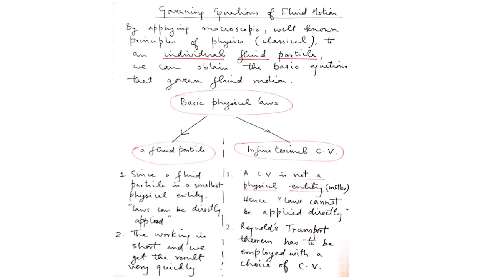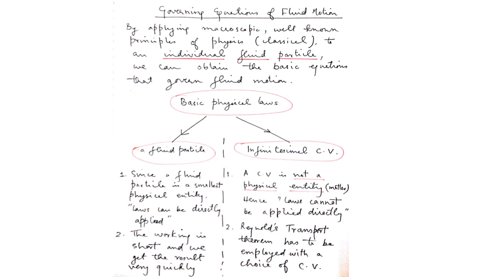So the governing equations of fluid motion can always be obtained by applying macroscopic, well-known principles of physics, or classical physics you can say, to an individual fluid particle. Now I stress upon these words because an individual fluid particle is a material or physical entity.